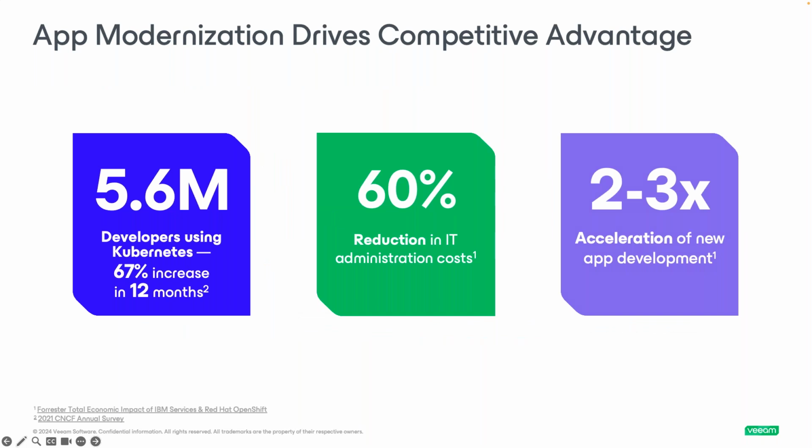Now let's look into two surveys. You can refer to the link on the bottom, right? These surveys are talking about adoption of Kubernetes. From the survey, we notice 5.6 million developers have started to use Kubernetes. From the figures, we can see 67% increase over the past 12 months.